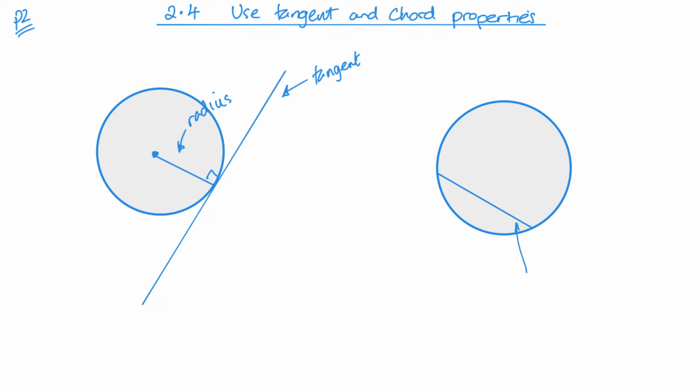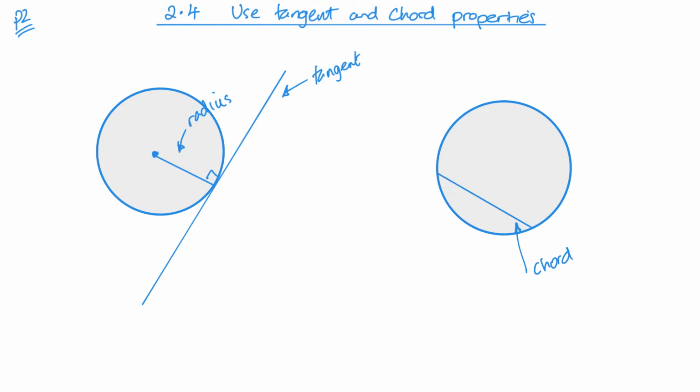Now when it comes to a chord, a chord is a line that touches two edges of a circle, a bit like the diameter, except that it doesn't go through the center.